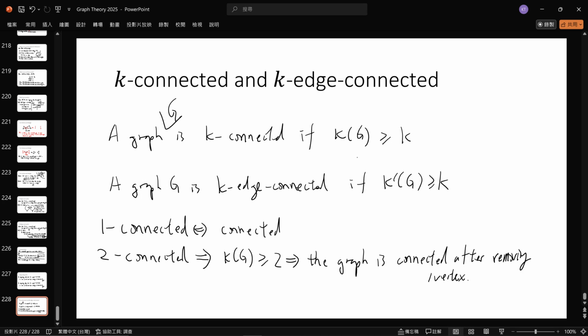So similarly, if there's a 5-connected graph, well, this implies the connectivity is at least 5. So this means if you want to disconnect the graph, you have to remove at least 5 vertices, okay? In other words, if you only remove 4 vertices, then the graph is still connected.